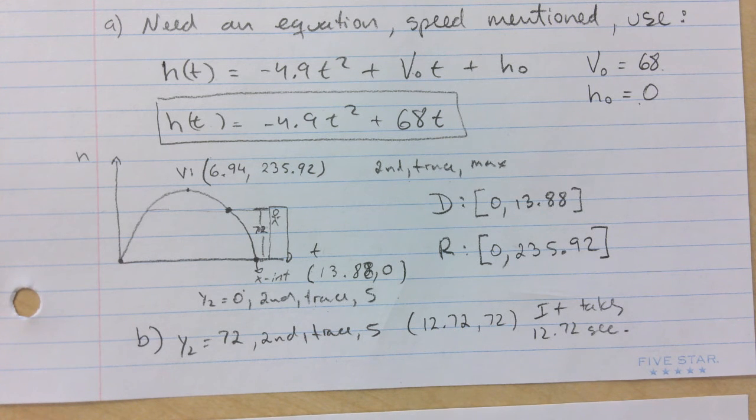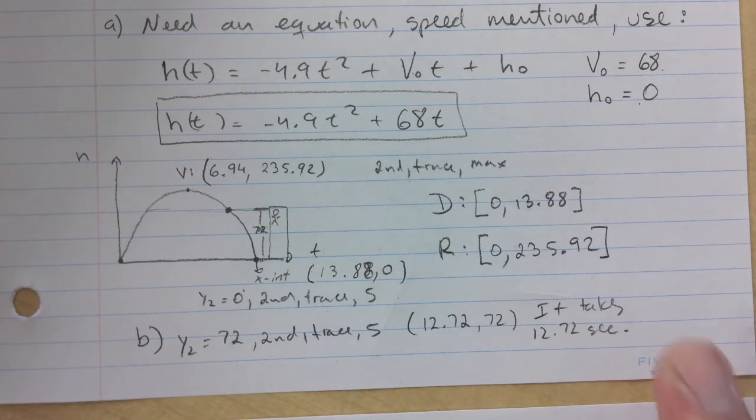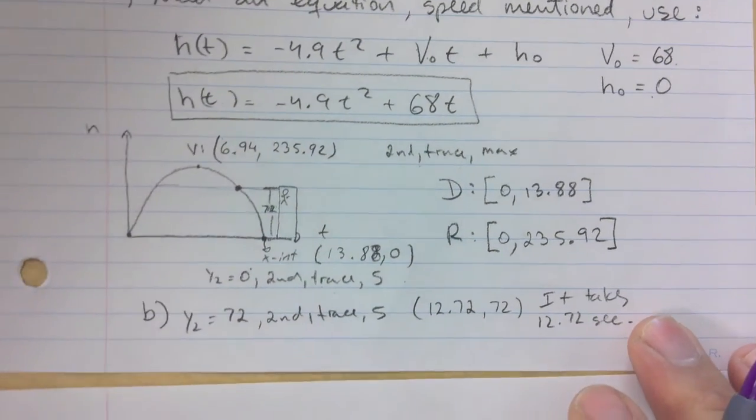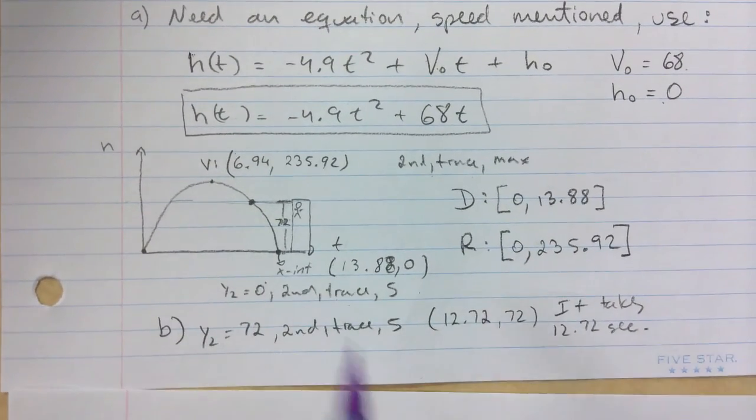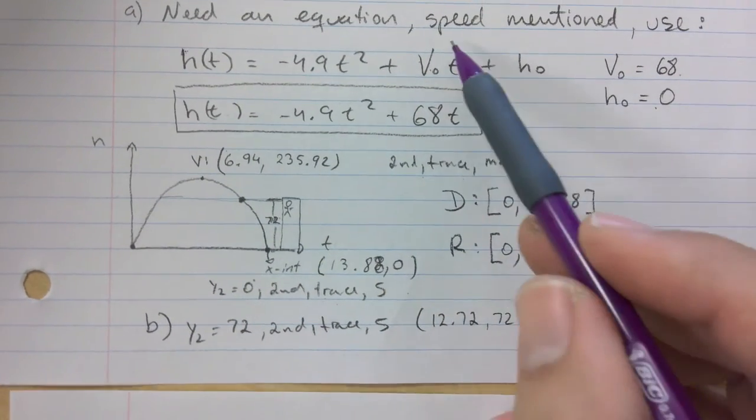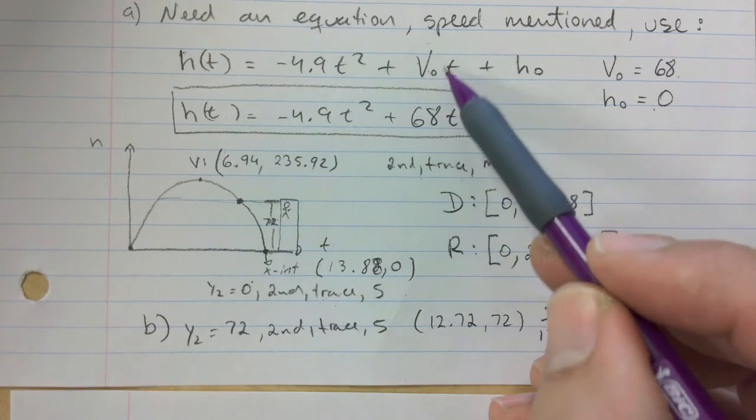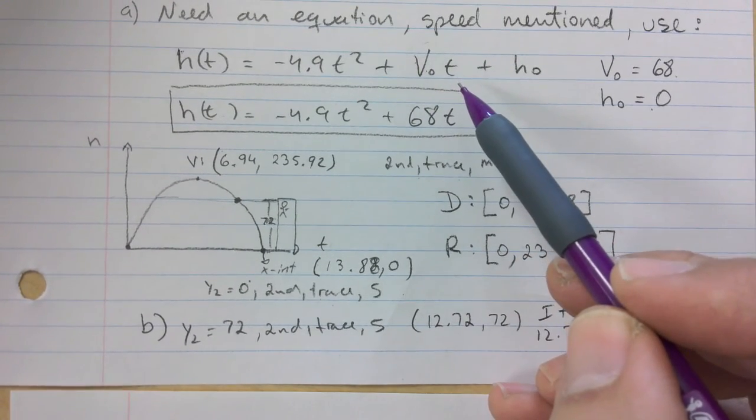Time, seconds. Height. What are we in? We're in meters. Everything is in meters when it comes to height. Just to clarify, speed is not part of your graph. It's just to basically fill in the coefficient here for x.